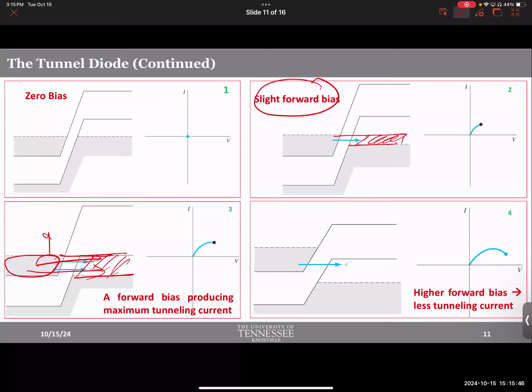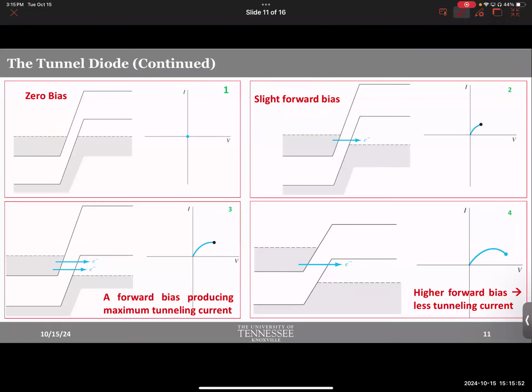You apply more voltage. The more voltage you apply, the more offset you create, the more electrons tunnel, so the current increases. The more voltage you apply, the more current you get, because more electrons can tunnel through. You open up more and more offset. Are you good so far?